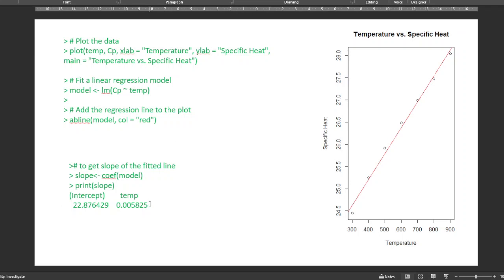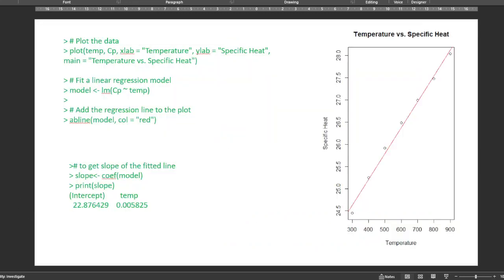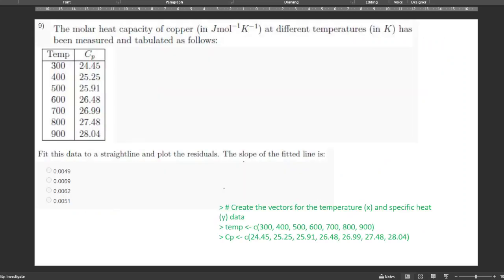As far as I have calculated, it is around 0.0058, but they have got the answer as 0.0062. It is close, but I don't know whether the issue is with my program or their answer key.